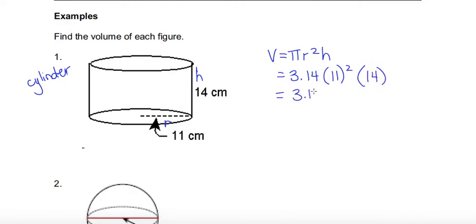Following order of operations, I have to calculate 11 squared first, so I have to do my exponents. 11 times 11 is 121. Then I'm going to also multiply that by 3.14 and 14.